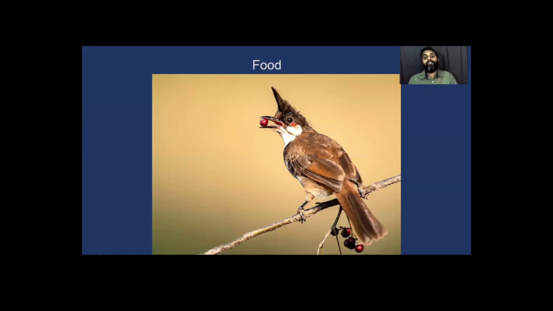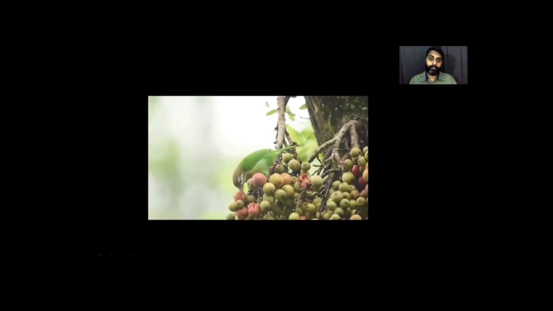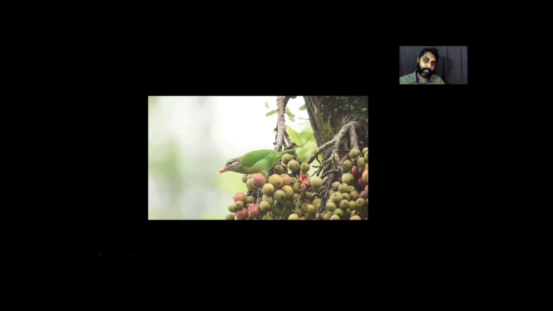Food of the birds, what they feed on, will help us not just with identification, but also with where to find them. Okay, just look at this example. If you look here, the bird is the white-cheeked barbet feeding on fruits, the figs. So if you know what birds feed on, it will be easy for you to find where the bird can be found.